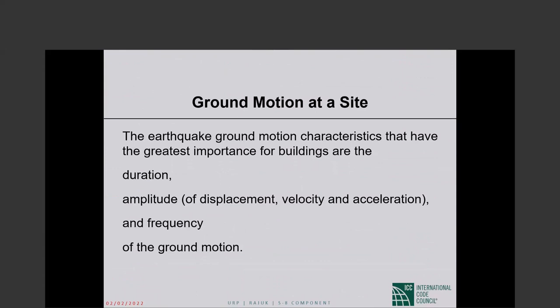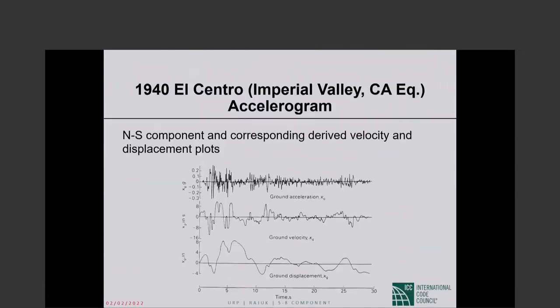The earthquake ground motion characteristics that have the greatest importance for buildings are the duration and the amplitude. Amplitude would be from here to there, how tall those things are. So we have high amplitude accelerations here, for instance.